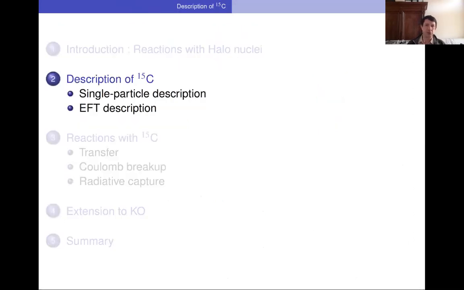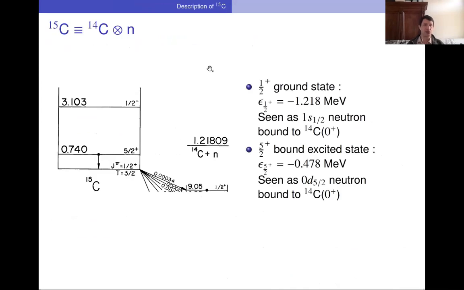About carbon-15: here is the low-energy spectrum of carbon-15. The ground state is a 1/2+ state. It's just 1.2 MeV below the carbon-14 plus neutron threshold, so it has a significant carbon-14 plus neutron cluster structure.